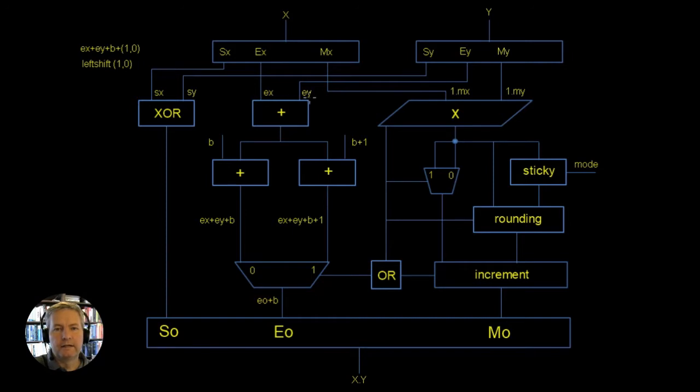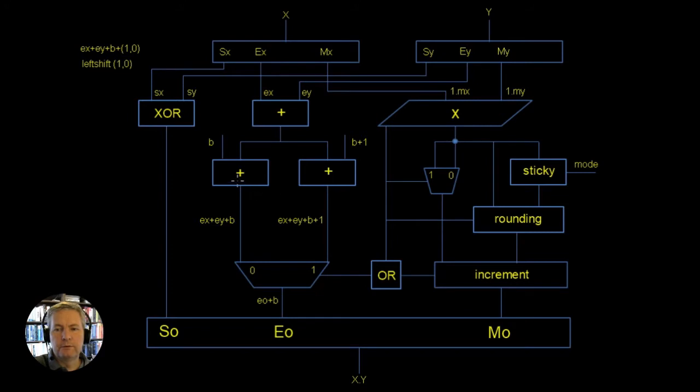Now we know that we have to add those together, so we put them into a summer. At this point here at the output, we take a copy of ex plus ey that goes this way, and a copy of ex plus ey goes this way. Now we're going to put them into a couple of summers.